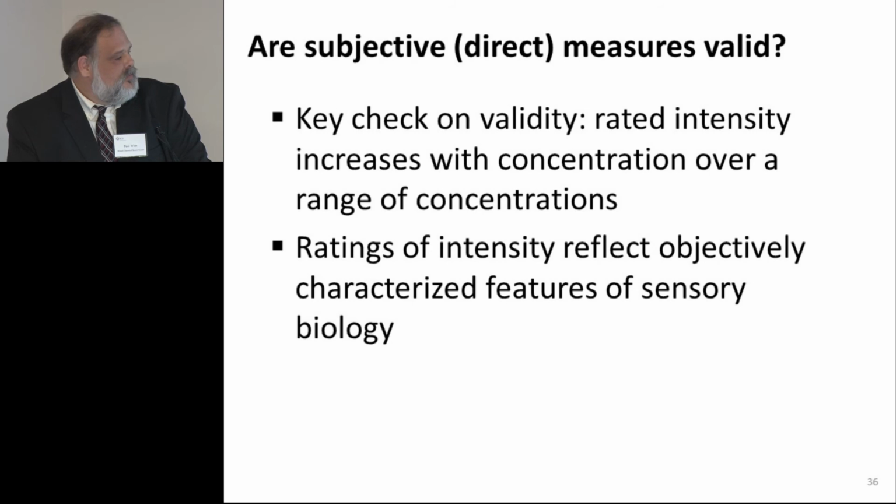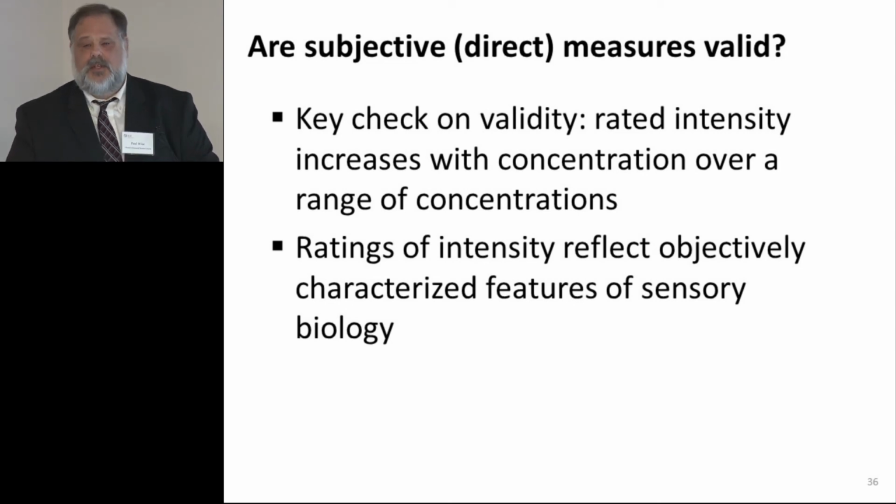Some other kind of not perfect evidence, but suggestive, is that ratings of intensity reflect characteristics of sensory biology that we can observe with objective techniques. One of my favorites is that ACE-K and saccharin stimulate sweet receptors at low concentration, but at high concentrations they become antagonists.